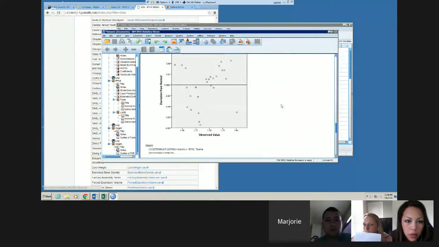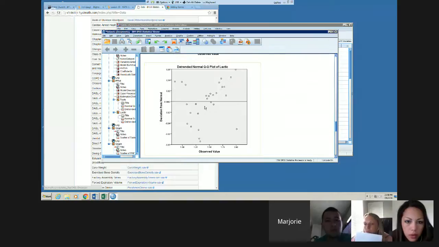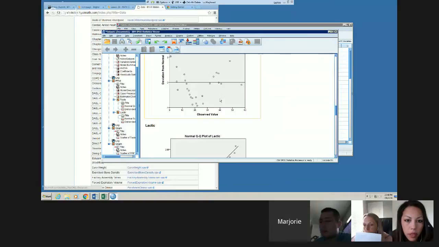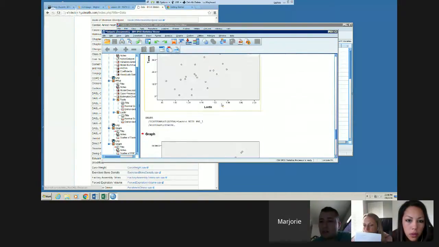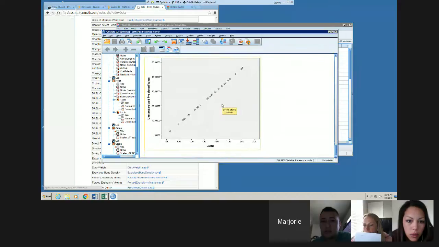It might just still be loading at the bottom. Unstandardized, I don't know what we're supposed to do. Oh, that's the wrong thing. This is unstandardized predicted value. Put the unstandardized residual.